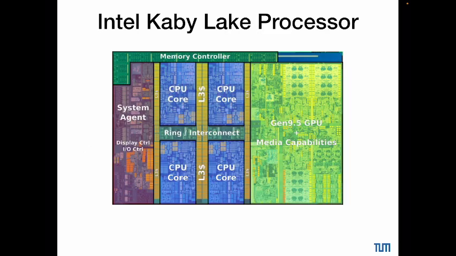So here is a picture of a die, the Kaby Lake processor. That is a state-of-the-art processor, I would say, that you find not in the top fast systems, but in reasonably fast systems. So we see the areas of the CPU cores here. We can also see the so-called system agent, which is managing the CPU.